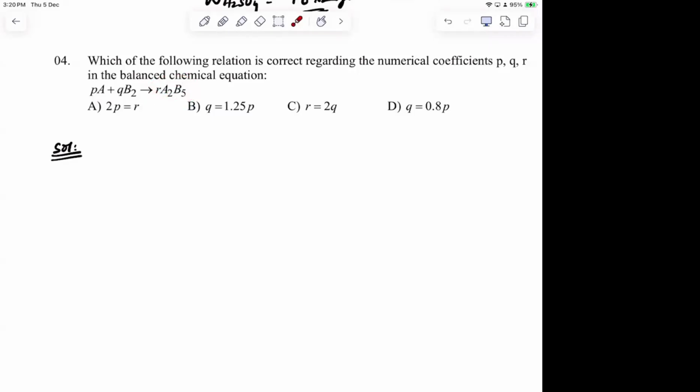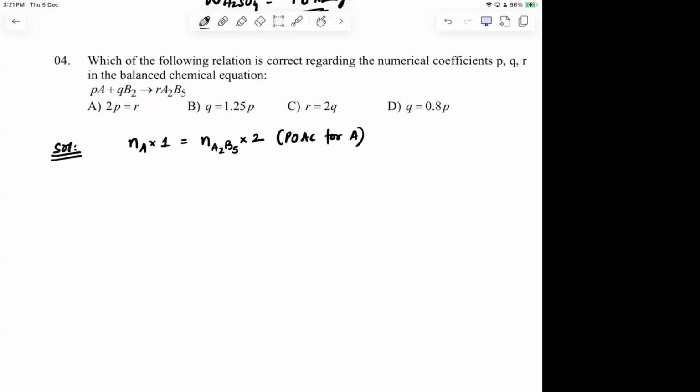Okay. Now what I could say, the number of particles of A into 1, because A has only one A, must be equal to the number of particles of A2B5 multiplied by 2. Why? Because each particle of A2B5 will have two times A. So this is POAC for A. Correct.